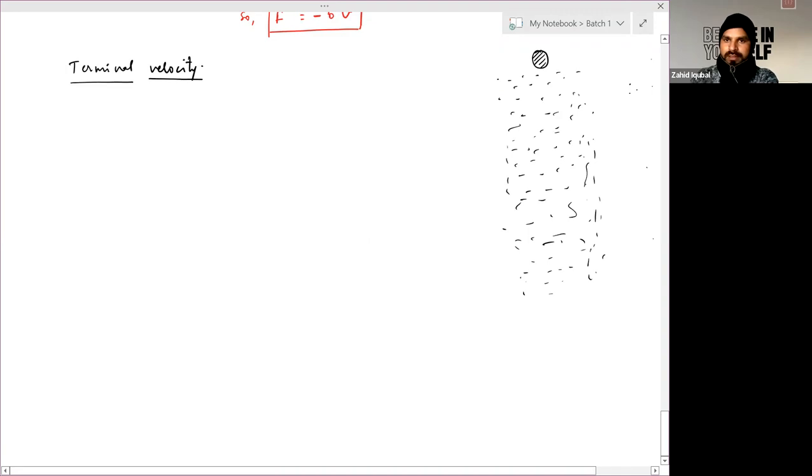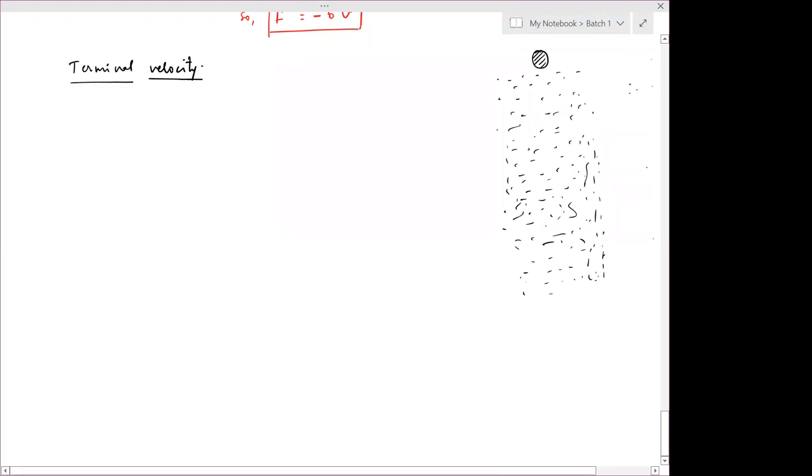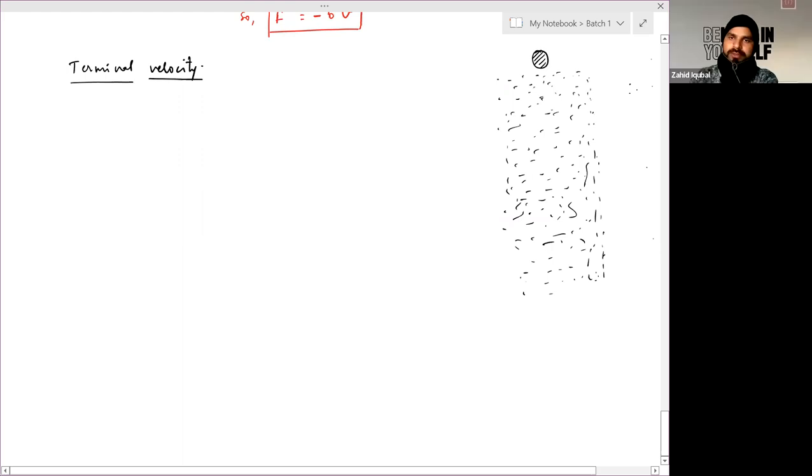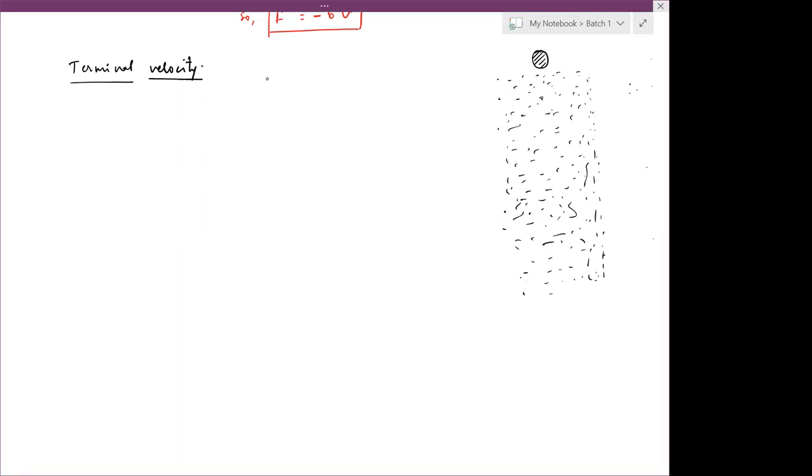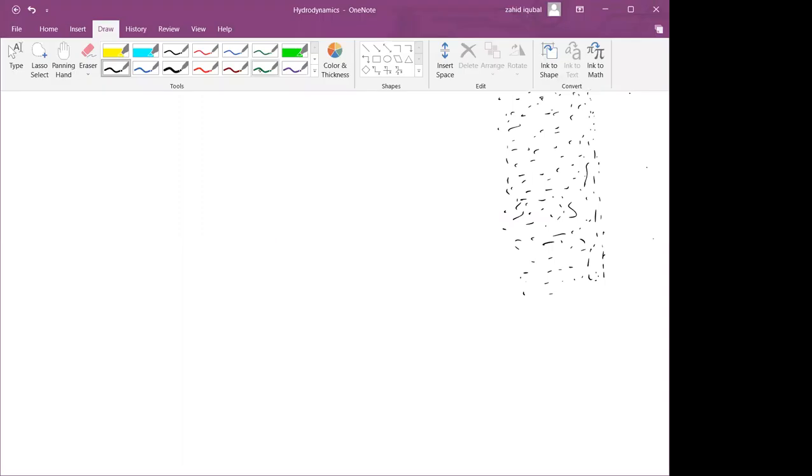Khalid, just tell me what will happen to its velocity initially, whether it will increase or decrease. Sir, when it is dropped from this surface, its velocity will increase.